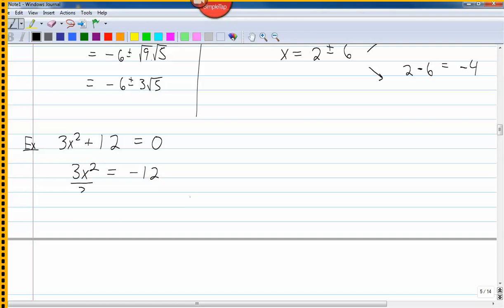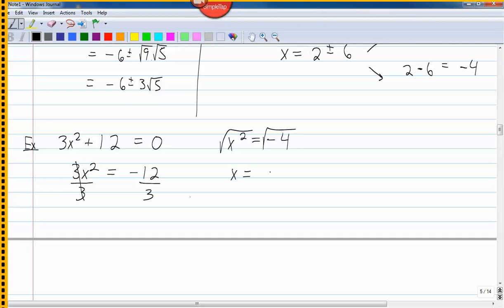So I'd have to divide both sides by 3. So I have x squared equals negative 12 divided by 3, which is negative 4. Now if we keep using the same method, the same thing we were doing before, we take the square root of both sides. Now here's where it's just a little different.